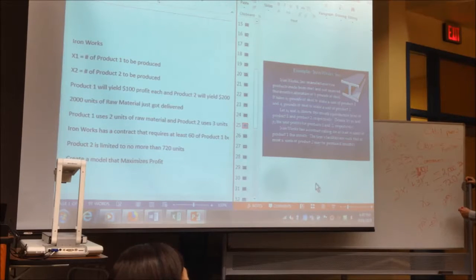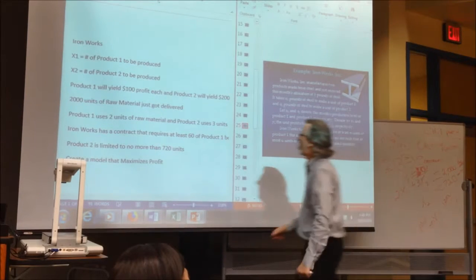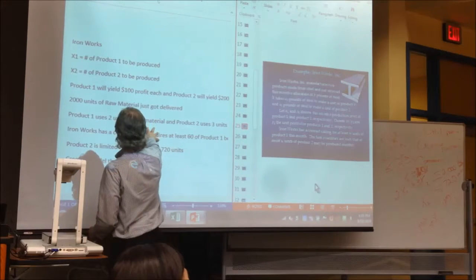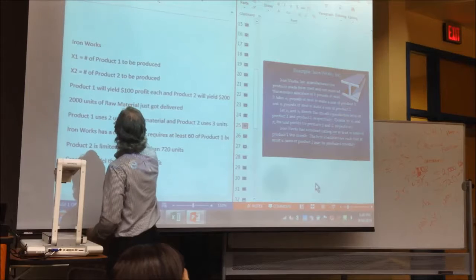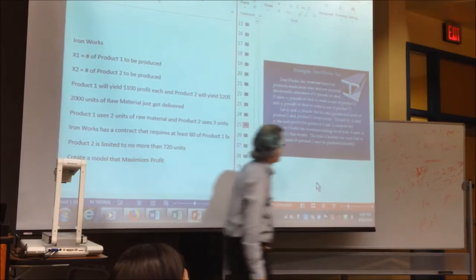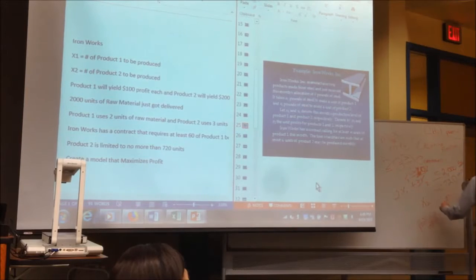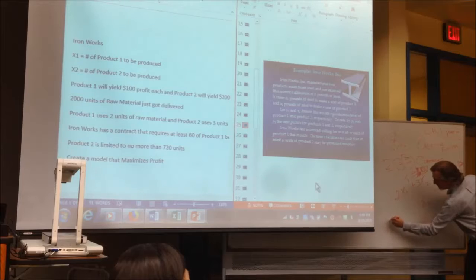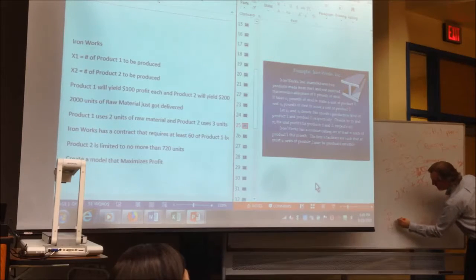Let me look here. We've got the 60 in place. We've got how much steel is available. So really the steel limitation is the one that will hold us back. If we do 60 right here, 60 times 2 equals 120.